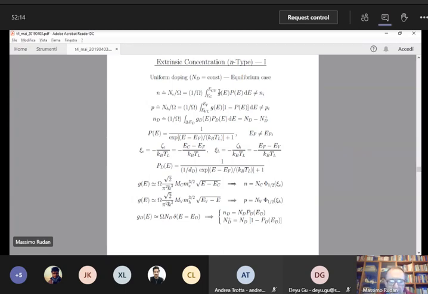When you place this density of states into the integral defining Nd, you remember one of the properties of the delta is that it blocks the other function in the integrand to the value where the argument of the delta vanishes, okay? So the integration provides small nd is equal to capital Nd PD calculated at Ed.